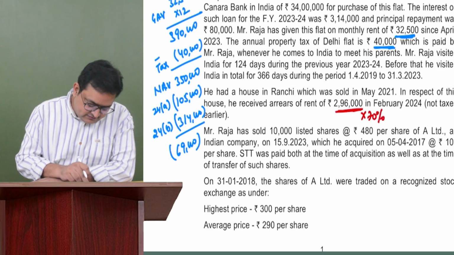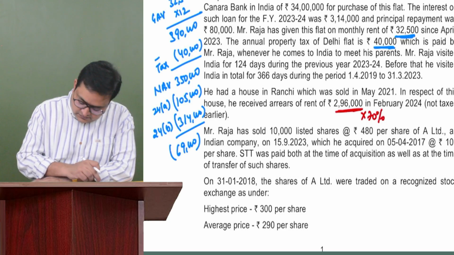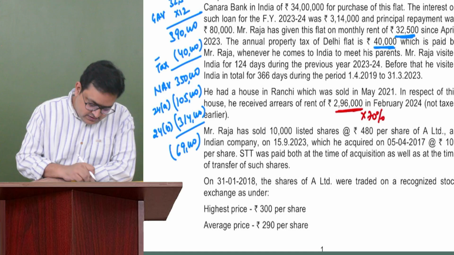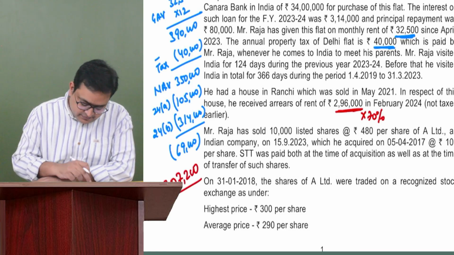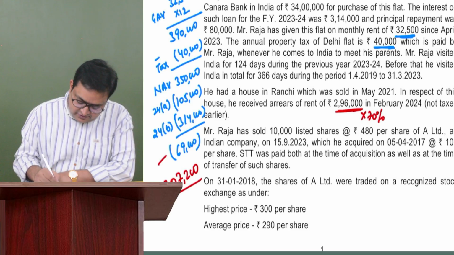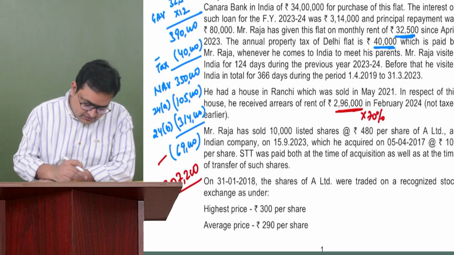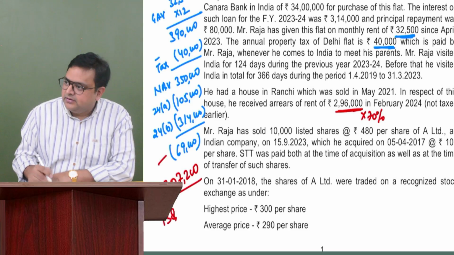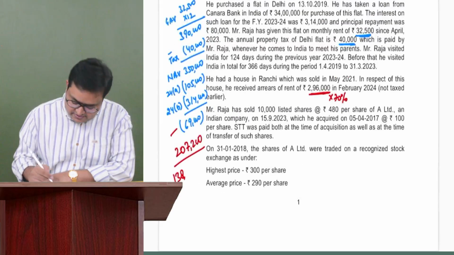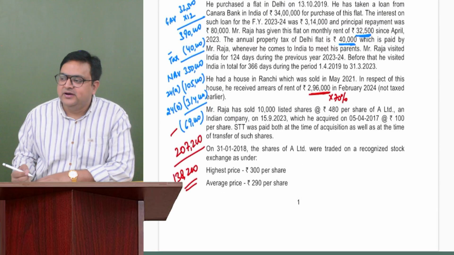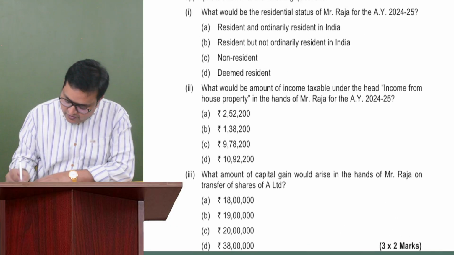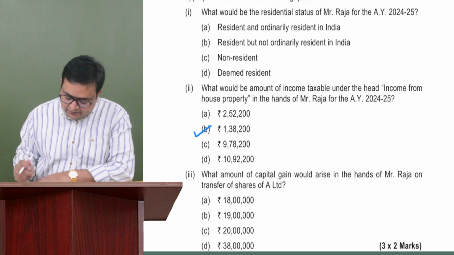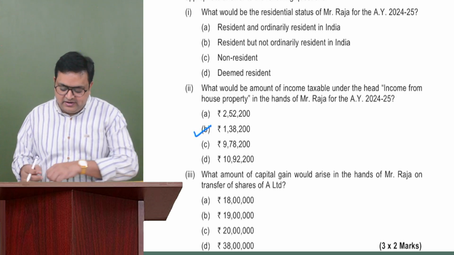So 296 into 70% will be 2,07,200. Set against the loss, the result is 138,200. So 138,200 would be the house property income. Let us check this. We got the answer for the second: 138,200.